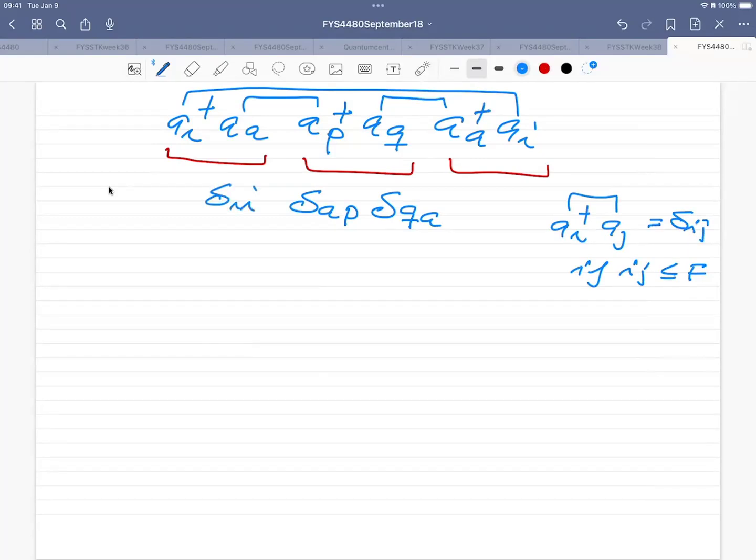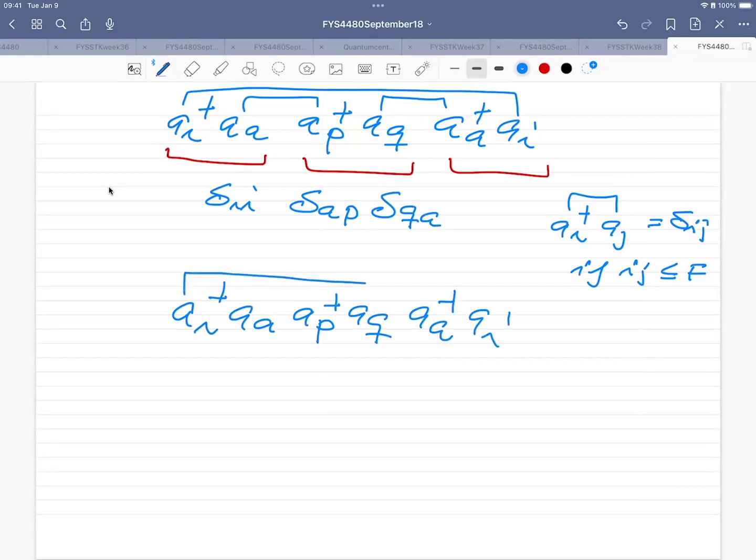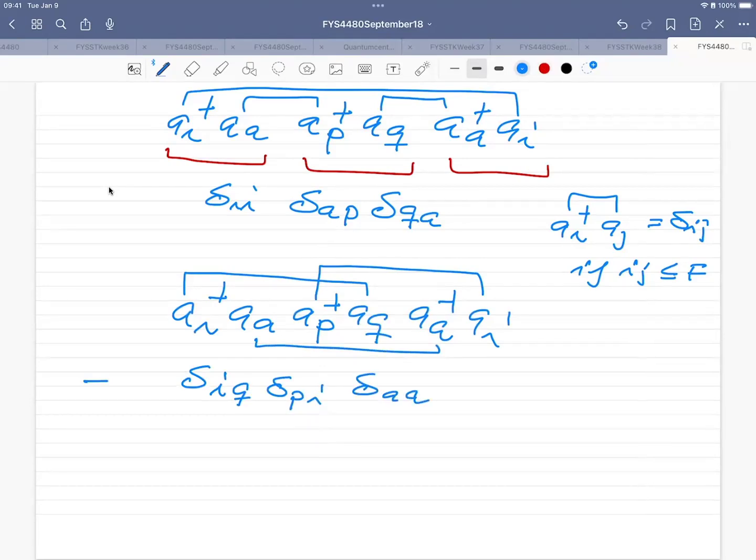Now the operator contracted with the particle states, but we also have Q, A dagger, AI, but now I can contract this one as a hole state. Similarly, P can be a hole state, but you see an odd number of permutations in order to get the operators close to each other. So this IQ, a delta PI, and obviously the final one is a delta AA.